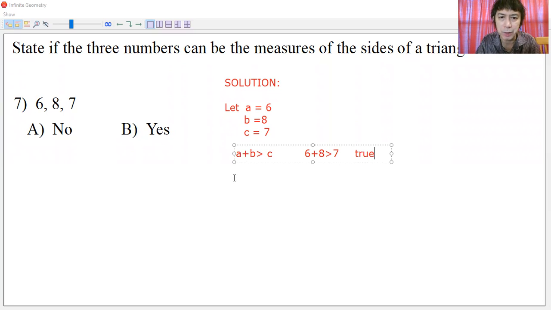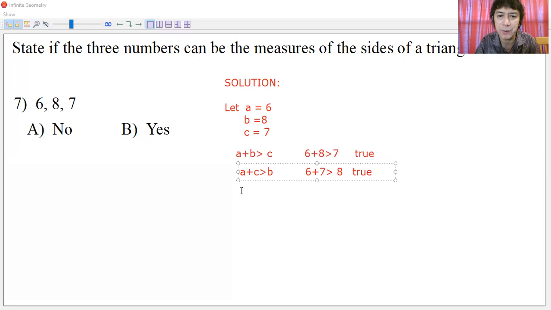Next, is A plus C greater than B? Okay, that will be 6 plus 7. Will that be greater than 8? That is 13 greater than 8. Of course, that's true. All right.